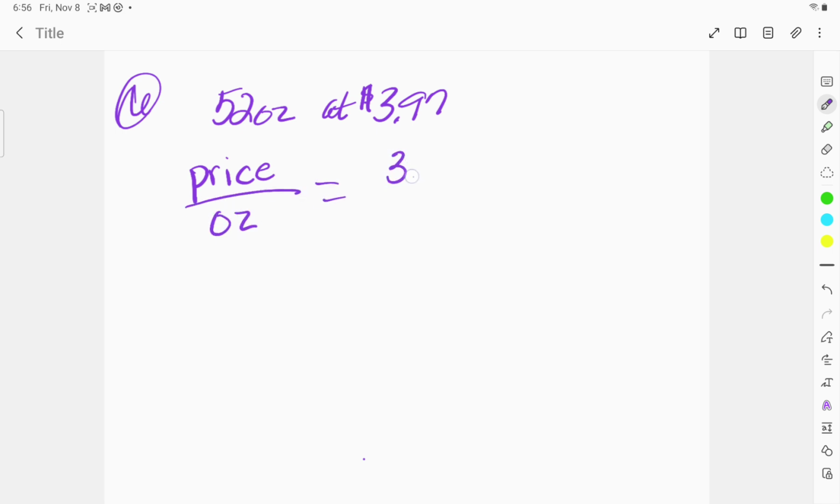So this is $3.97 divided by 52 ounces. And then you just divide. Okay, so $3.97 divided by 52 is going to give you 0.08. Now these you have to round to the 10th place.